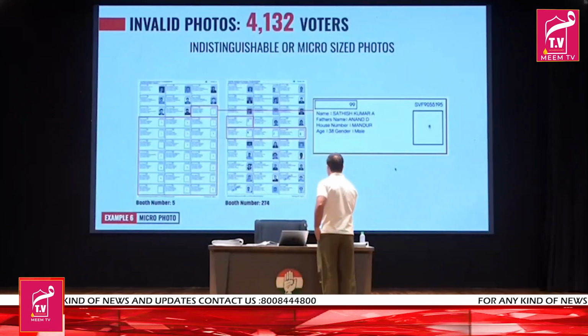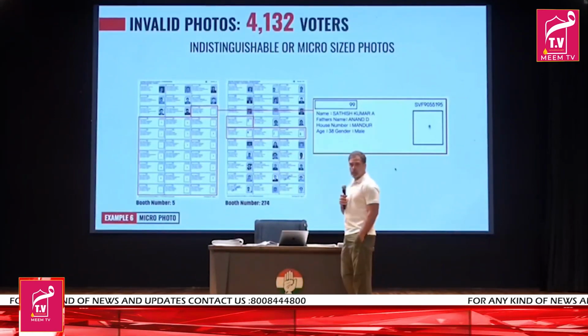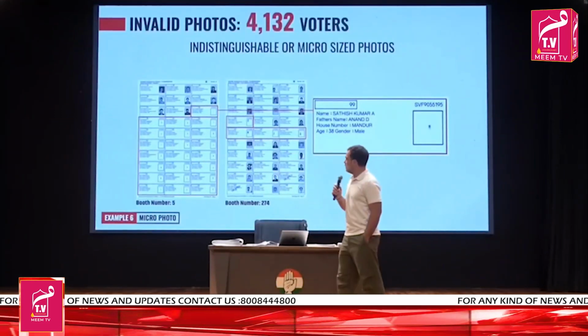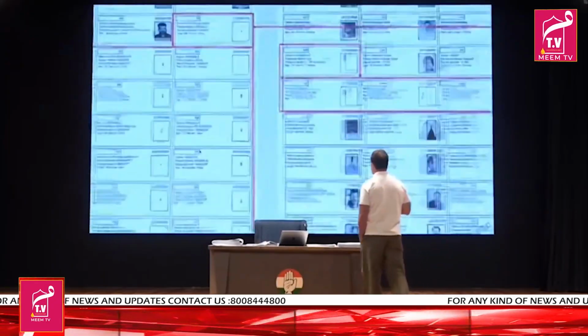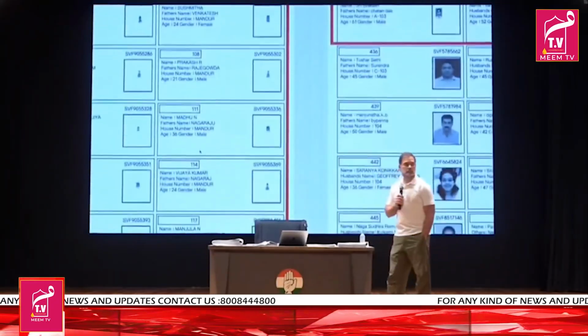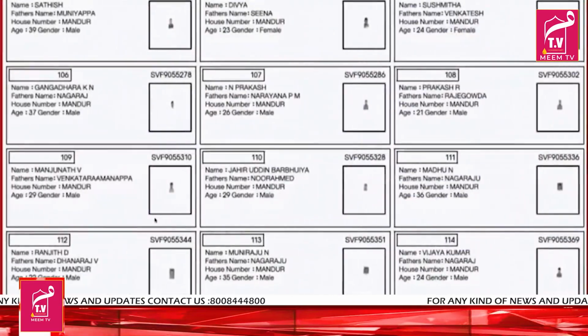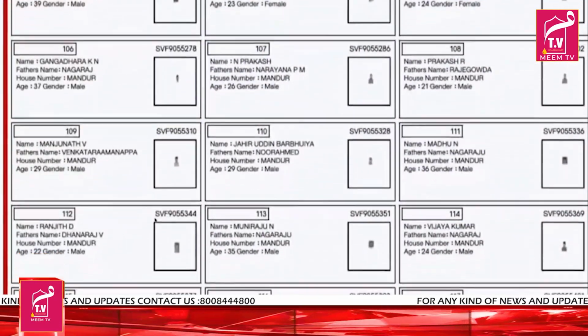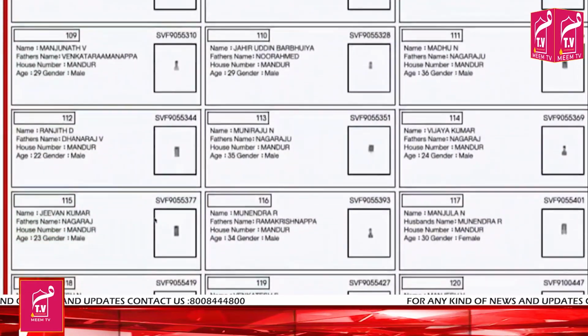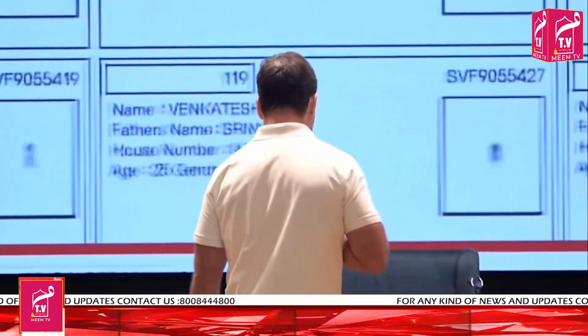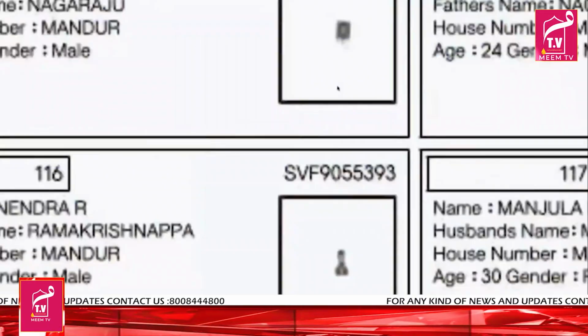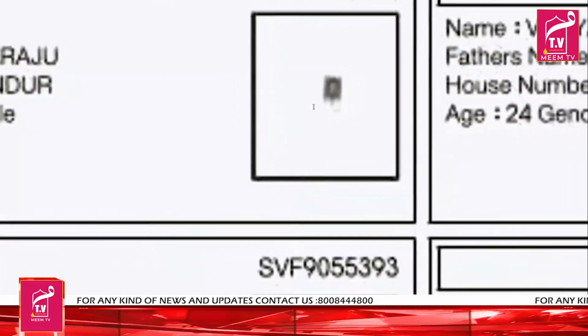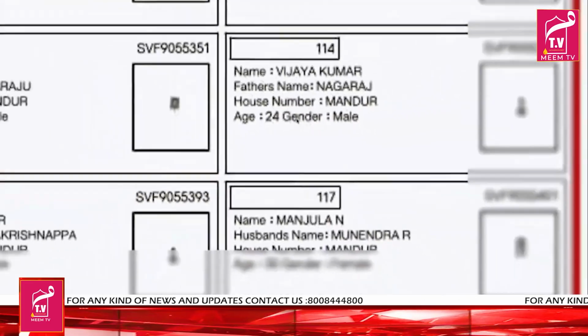Invalid photos. There are 4,000 voters. Show the photos. These are the photos. Either no photo or a photo that is so small that, where did it go?